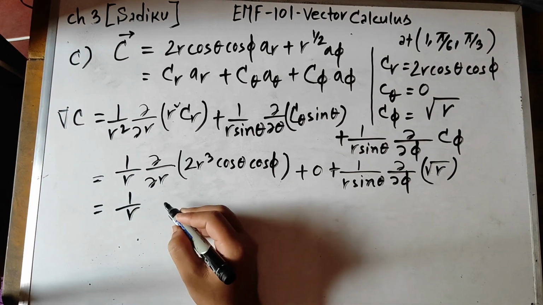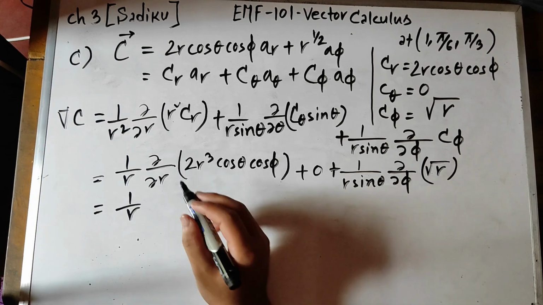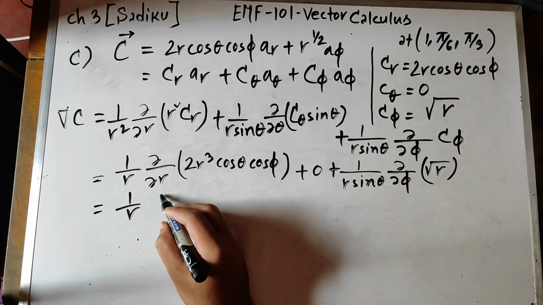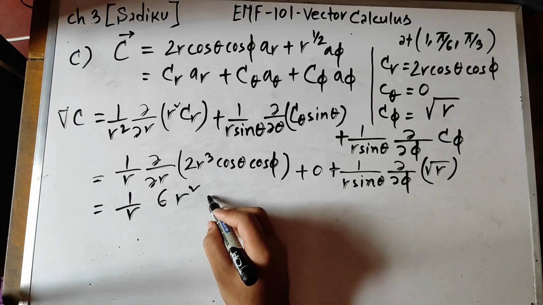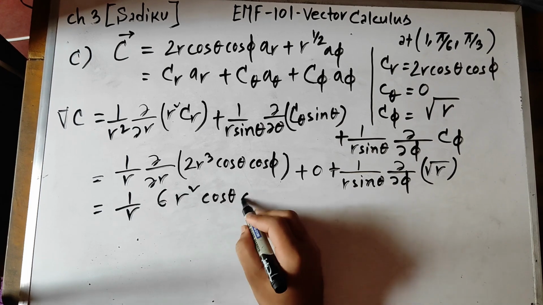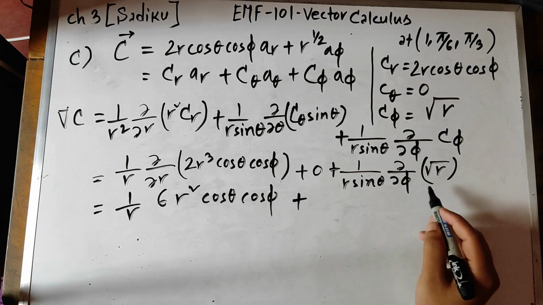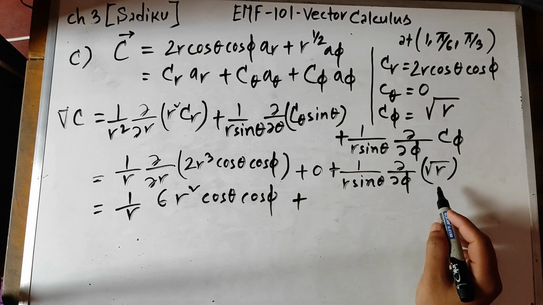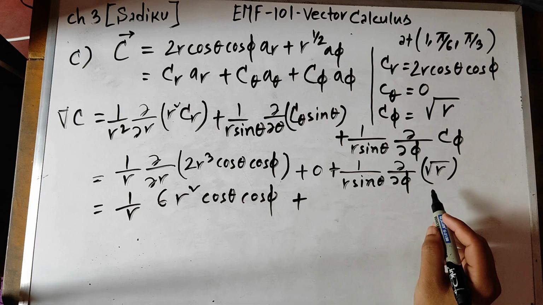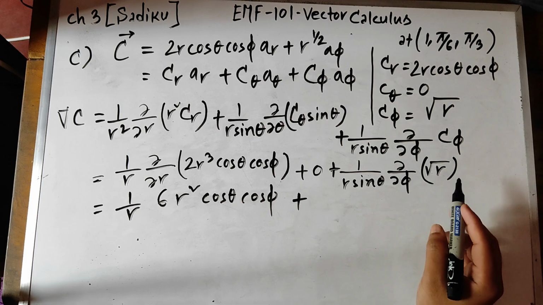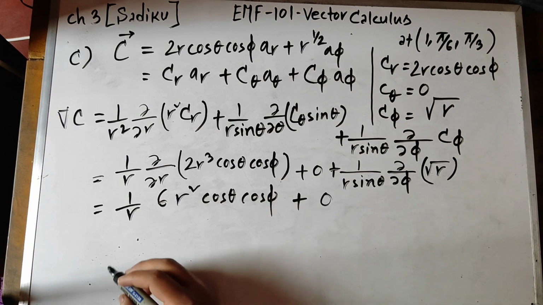So 1 by r times the partial differentiation with respect to r, which is 6r square cos theta. Here there's no phi component, thus it's 0.